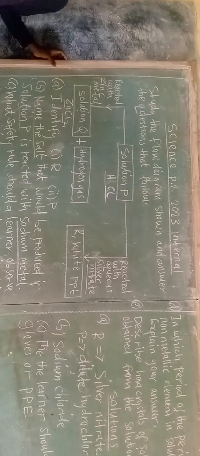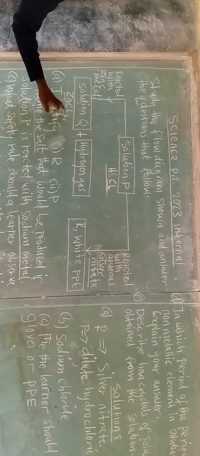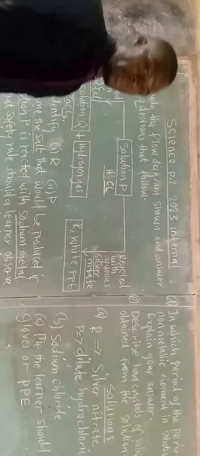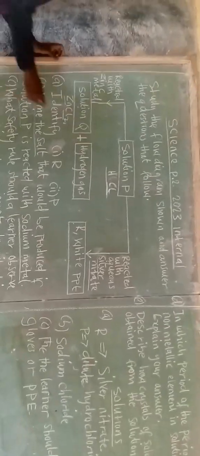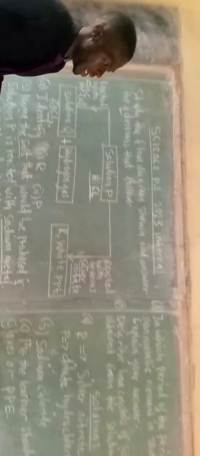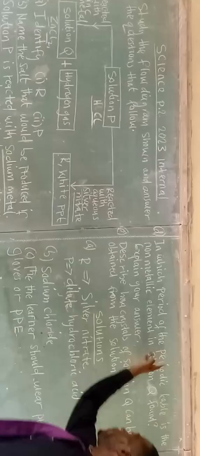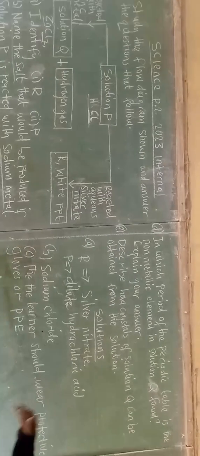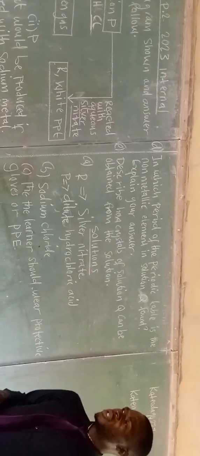Zinc here is a metal. So when they say a non-metallic, they are referring to a non-metal. The non-metal in the compound here is chlorine. So we are asking ourselves, in which period of the periodic table is chlorine found? When we go on the periodic table, chlorine is in period 3.